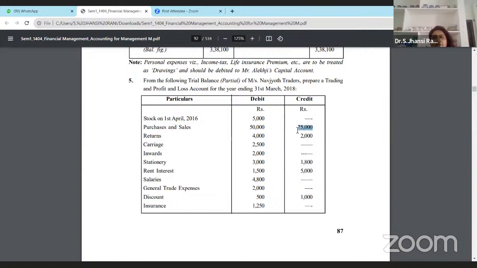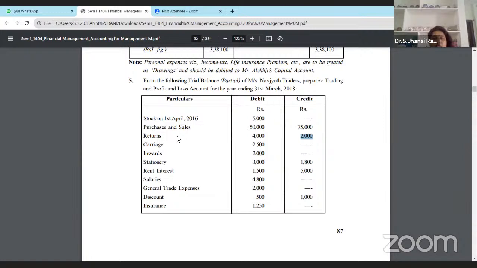That is 75,000. Next, we have returns. Again, if you look at returns, they have given both a debit column as well as a credit column. So how to understand which one is purchase returns and which one is sales returns? When goods are coming, we are debiting. Purchase return means we are returning goods back to the supplier.